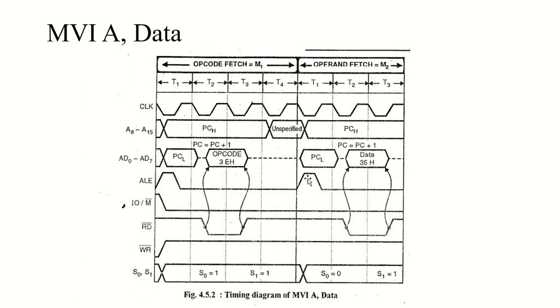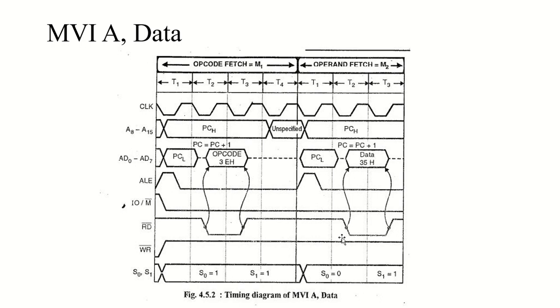And then again the reading is taking place. Let's say I want to read some data 35H, so it will be placed during the T2 and T3 states, and during the same time the read cycle will be activated.